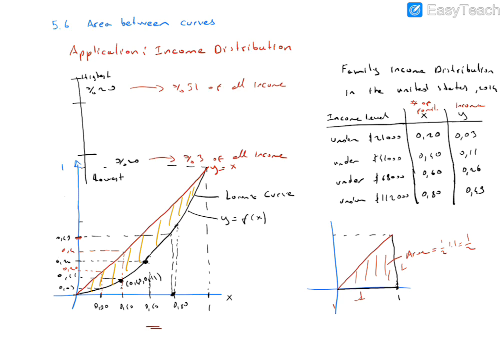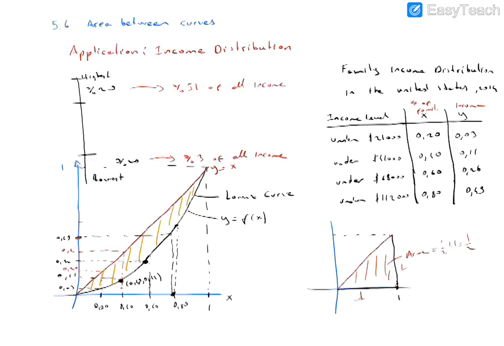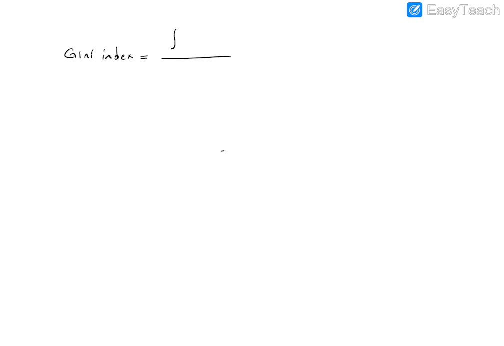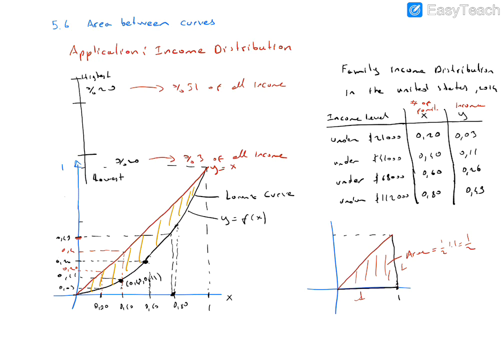Okay, so the Gini index is the ratio of the area between y equals x and the Lorentz curve. So what is this area? From 0 to 1, x minus f of x dx, over the area between y equals x and the x-axis.